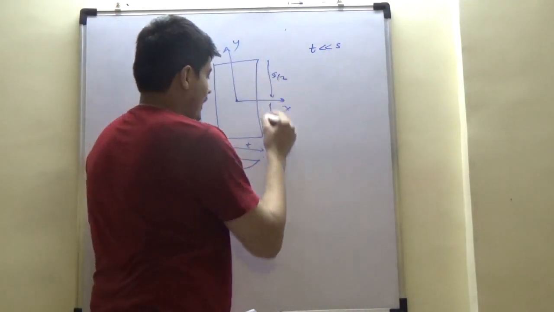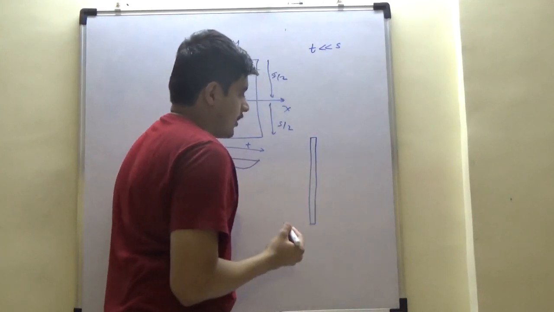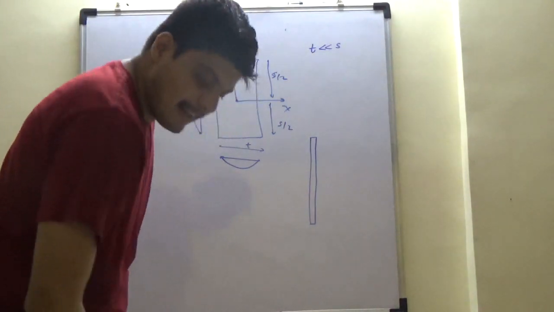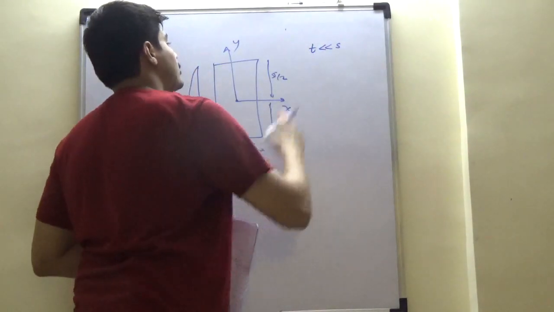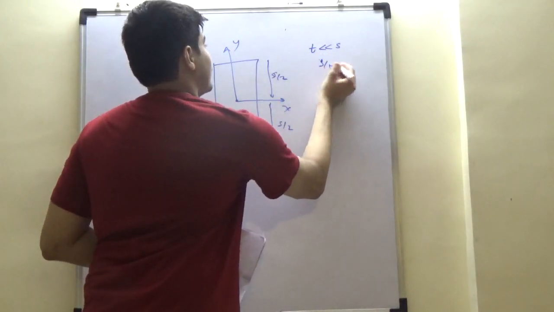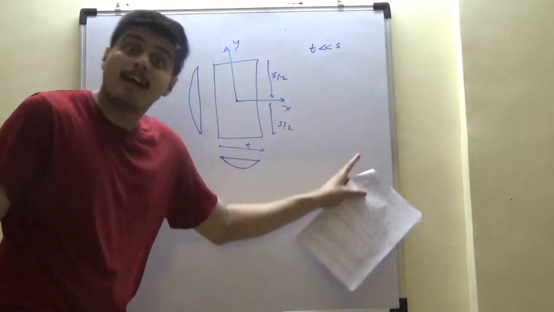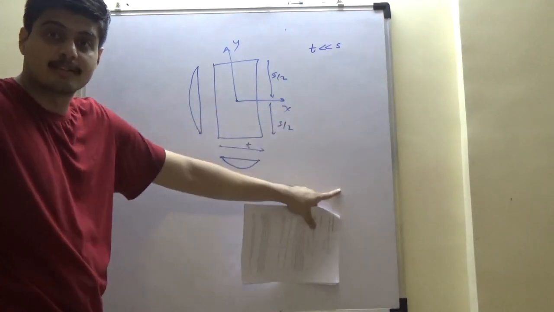Your aircraft structures would be slender structures. From the analysis point of view of torsion, it is extremely fair to assume this. S by T greater than 10 is typically where we deploy these methods, which is reasonably true in our aircraft. So we are interested in choosing this.